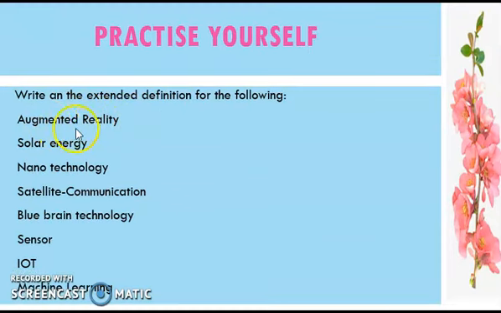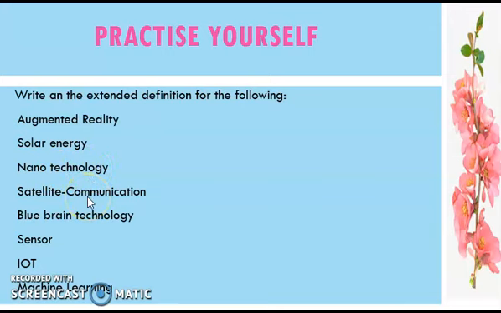For example, augmented reality has its connection with virtual reality. We are familiar nowadays with virtual lab, virtual classroom, and so on. Then comes solar energy, which has its alternate energy as well, in the form of tidal wave energy. Then comes nanotechnology, which deals with microchip that improves the life of people in old age.